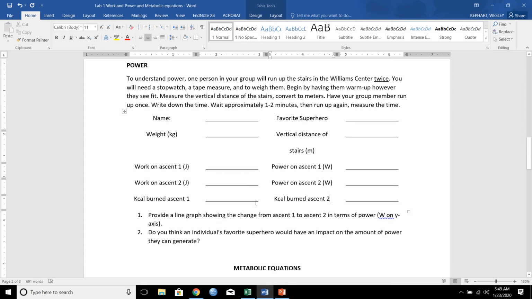So hey, I'm happy I figured that out. I will have you weigh people on stadiometers to get the kilograms, and also you'll have to measure how high each stair step goes, so the vertical distance of the stairs. I will provide you with tape measures.